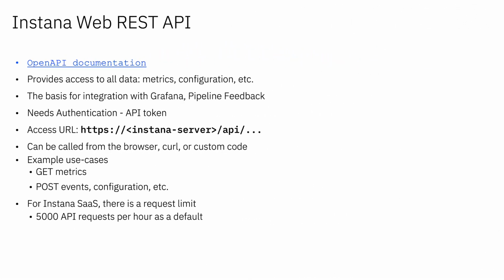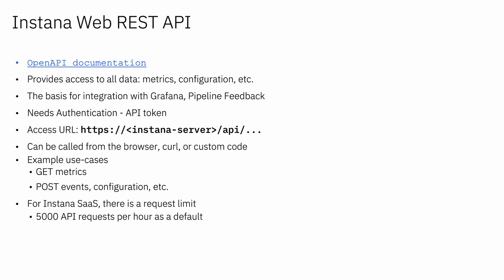And the main REST API is exposed by the Instana backend. As you probably know, Instana is written as a microservice-based application. So it consists of tens of different microservices communicating between them using the REST APIs and Kafka.